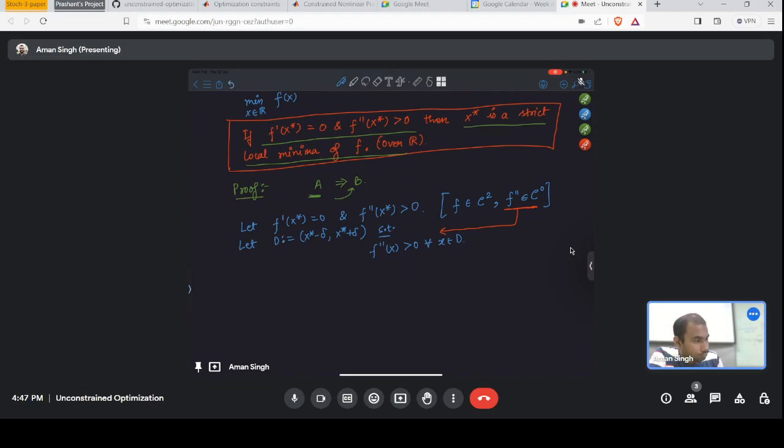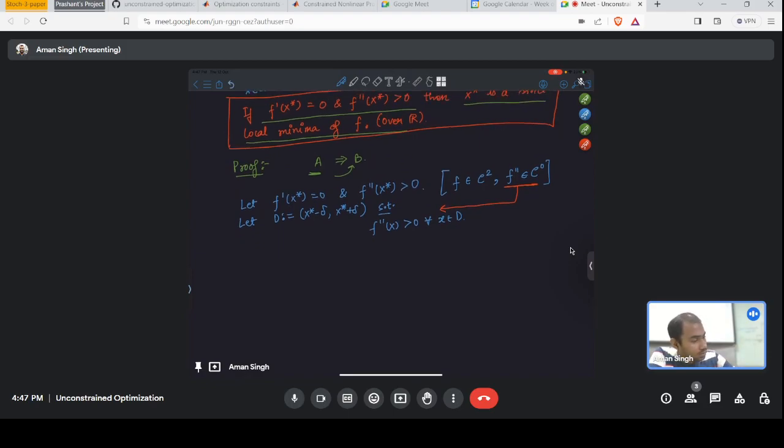Now we'll again use the second order truncated Taylor series, and I'll write it first. f(x) equals f(x star) plus f dash x star times (x minus x star) plus half times f double dash x bar times (x minus x star) squared, where x bar lies between x star and x.